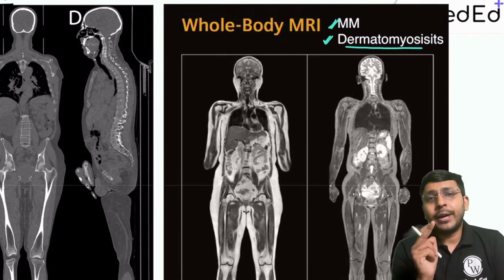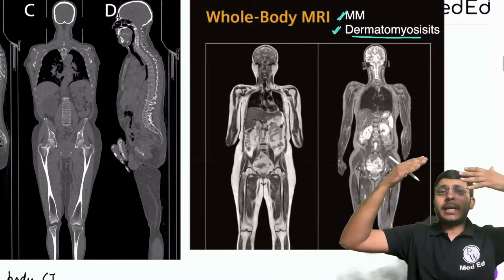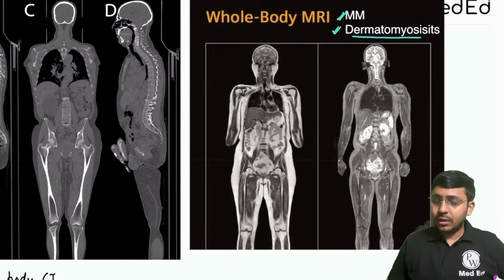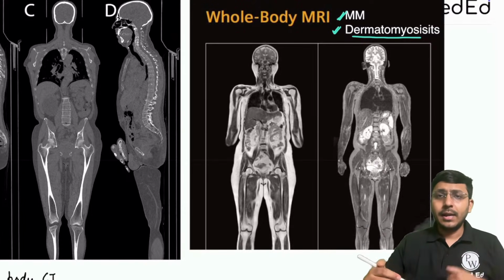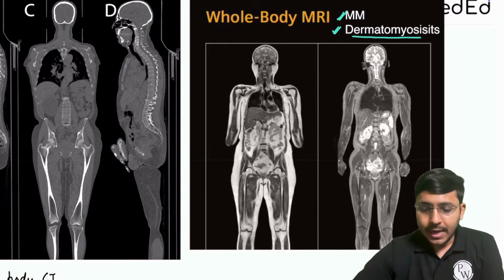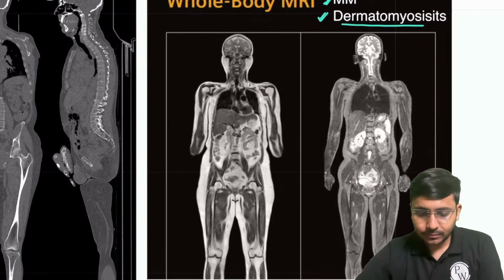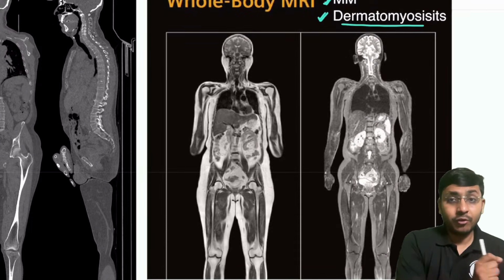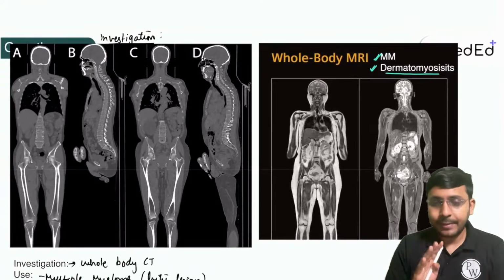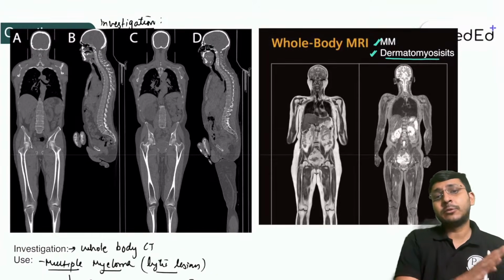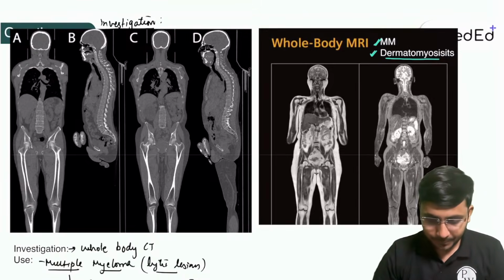Remember, in whole body MRI you'll see the entire body from the head to the toes. And it is used for two important pathologies, multiple myeloma and dermatomyositis. Okay, so this is bonus information which I have given you. It has not been asked previously, but it is a very potential question because multiple myeloma has been asked previously multiple times.